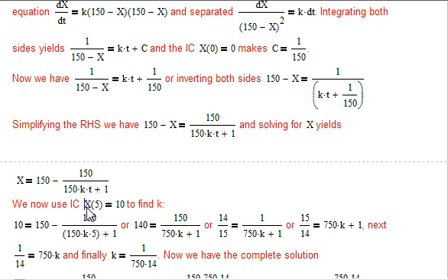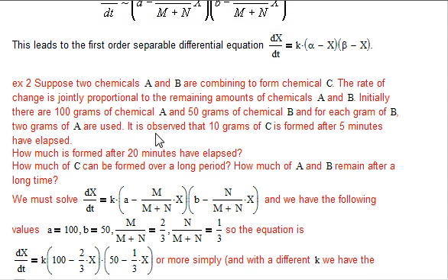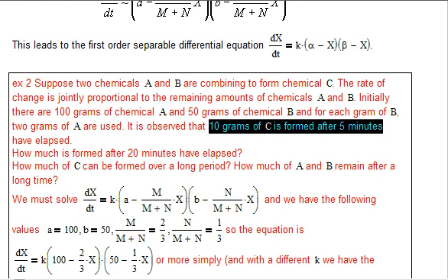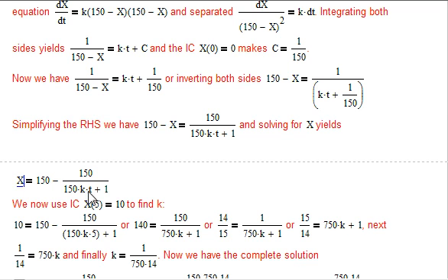We now use the fact we knew that after 5 minutes there was 10 grams of compound C formed. And so that should give us the ability to find K, so let's see if it does. We put in 10 here, and t is 5, so 10 equals 150 minus 150 over 750K plus 1.